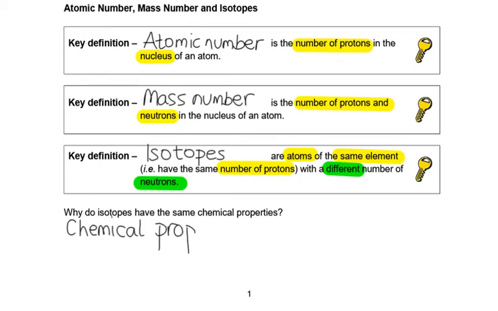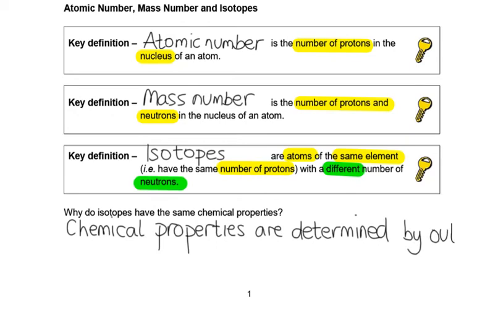So chemical properties are determined by the number of electrons, and it's not all the electrons, it's the electrons in the outer shell that are going to be lost or gained in our reactions. Now if isotopes have the same number of protons, they will have the same number of outer shell electrons.